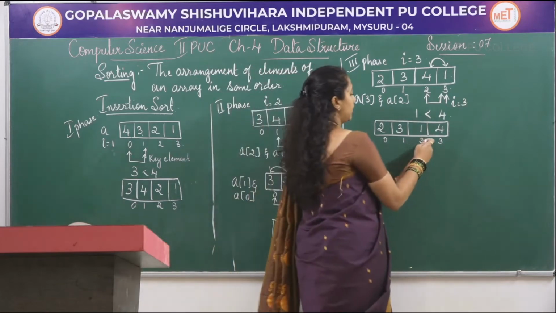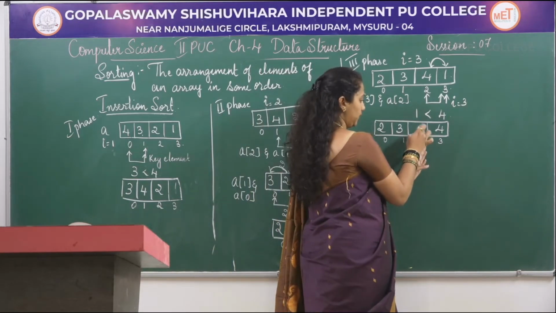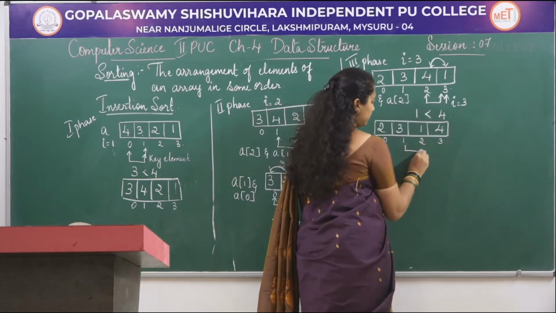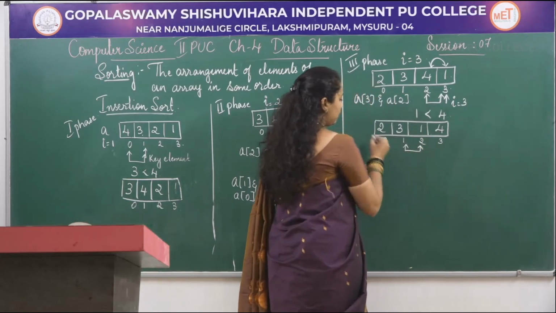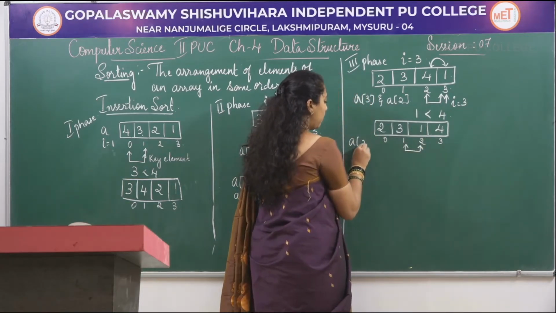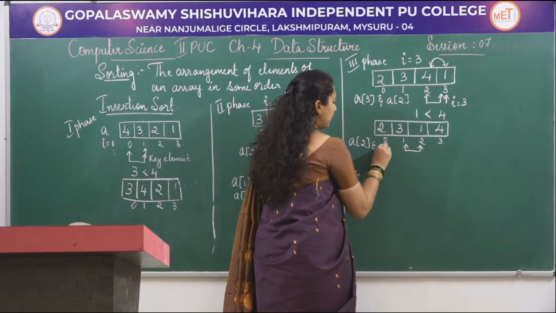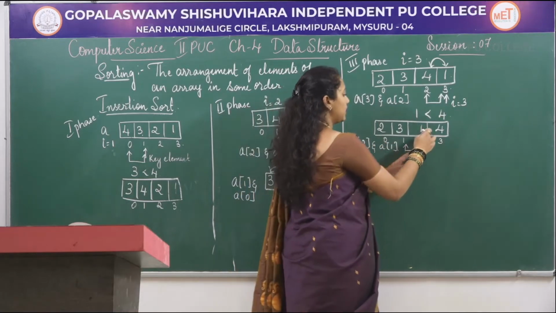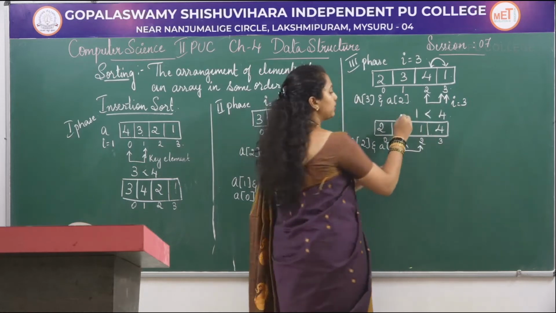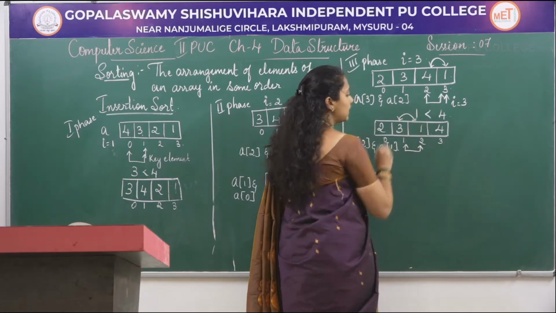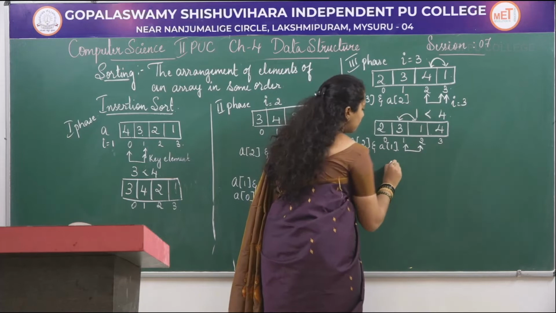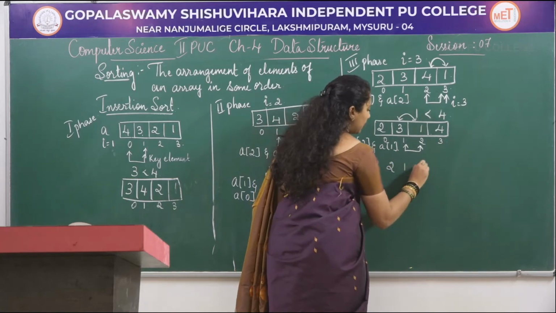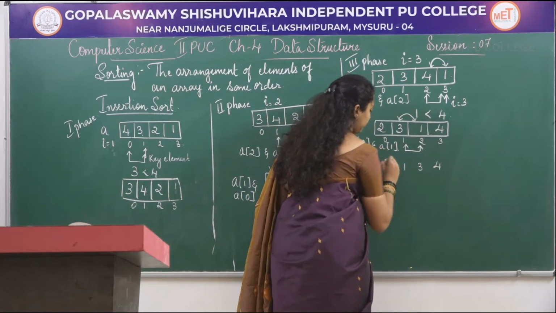Now we are comparing 1 with 3, that is, A of 2 and A of 1. As 1 is less than 3, we swap these array elements. The output is 2, 1, 3, 4.